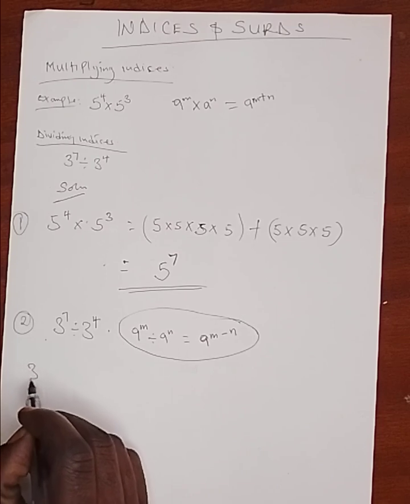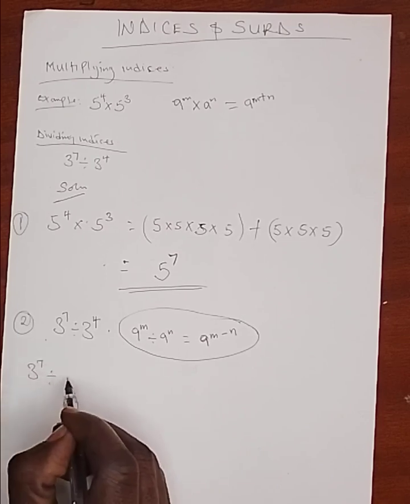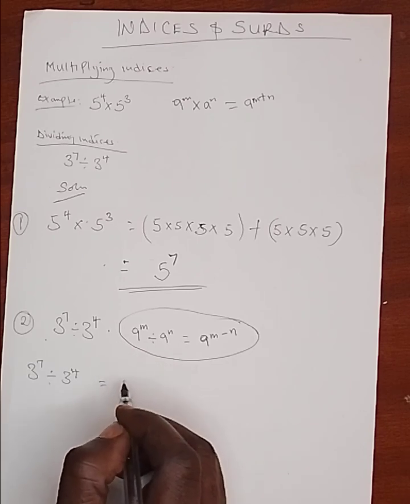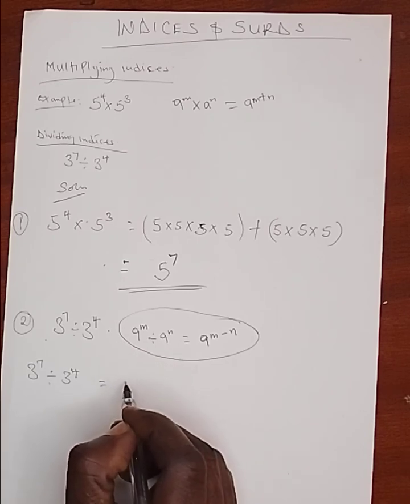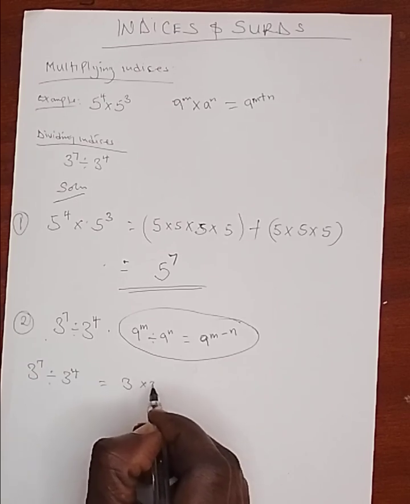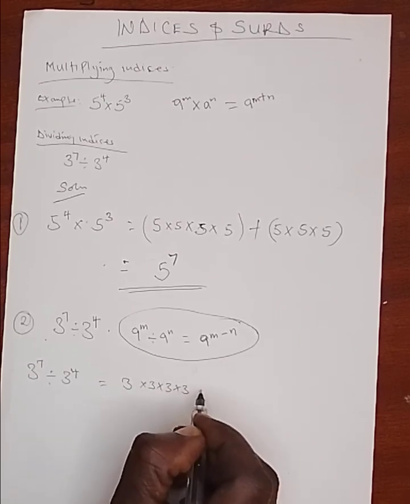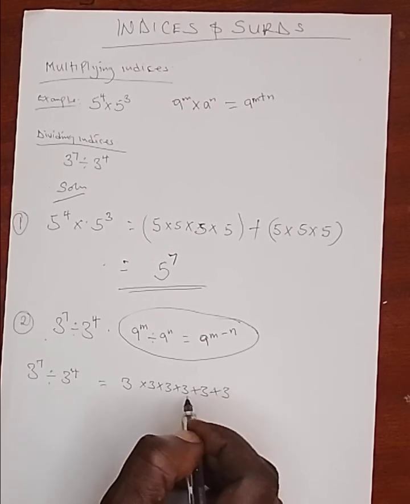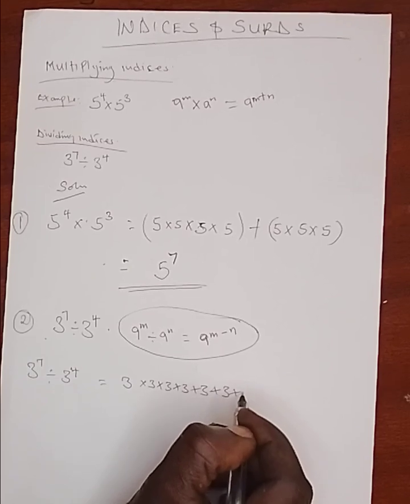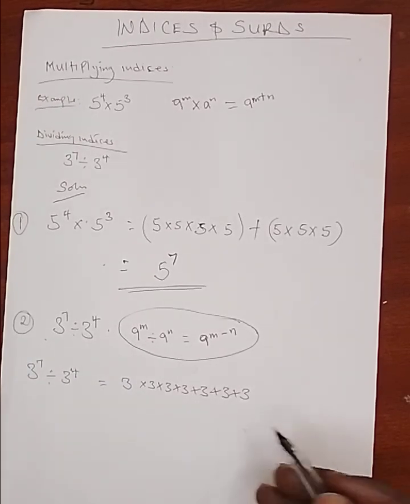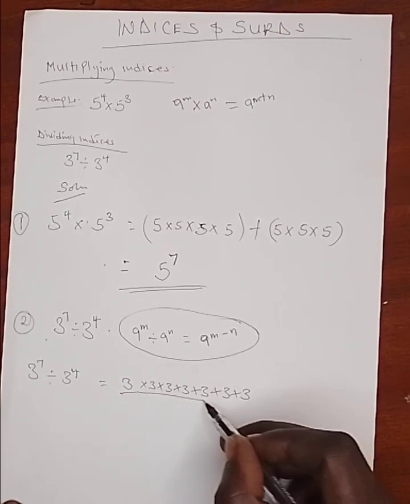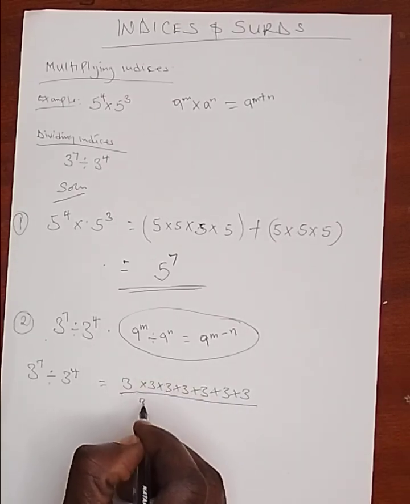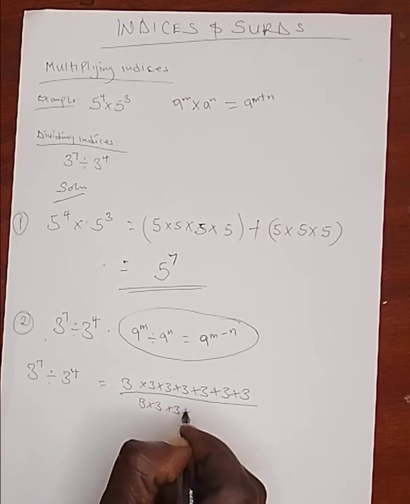We shall say 3 power 7 divided by 3 power 4 is equal to 3 times 3 times 3 times 3 times 3 times 3 times 3, so there should be 7 threes. Then you divide by 3 times 3 times 3 times 3.